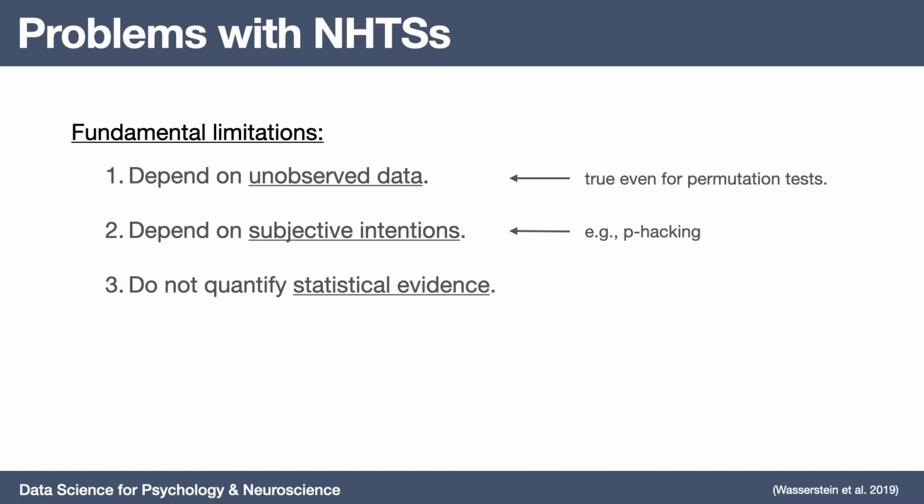In addition, p-values do not quantify statistical evidence. They're existential tests. They are a limited test that basically says, does the null exist or not in this very particular case? And existence is not the same thing as evidence. This is why you can't really compare two statistical tests that return two different p-values.